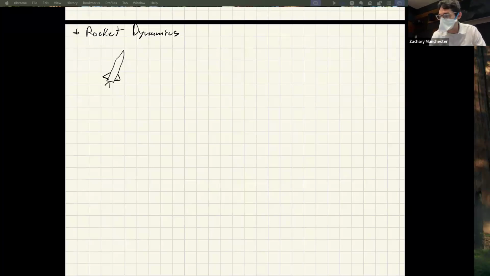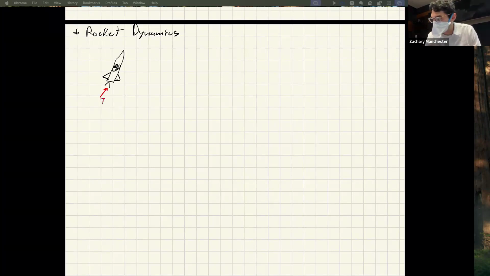So here's our little cartoon rocket. We've got a thrust. So we have an engine down here. We have a thrust vector, T, and you can steer that to some degree, right? The rocket engine is gimbaled, so you can tilt the rocket engine and tilt that thrust vector. We've got a center of mass somewhere over here.